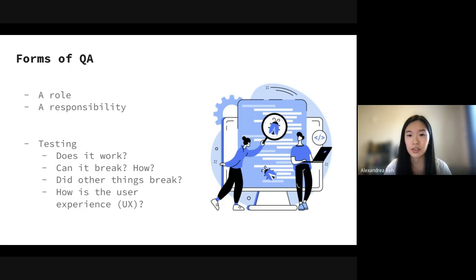And in that case, QA is a role. But I strongly believe that QA is at least a responsibility in every engineering team, no matter what role you play. So we'll talk about similarities and differences there. At a high level, we'll also talk about different tools and strategies for testing. But first, I wanted to kick us off with a brief video.